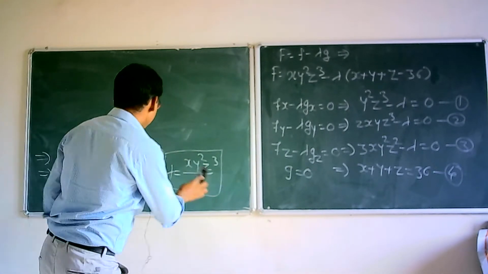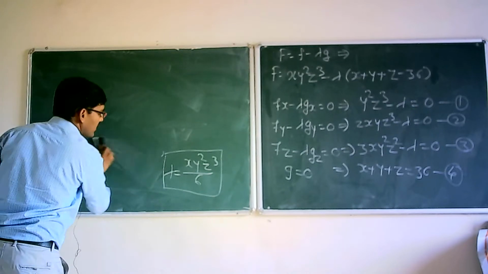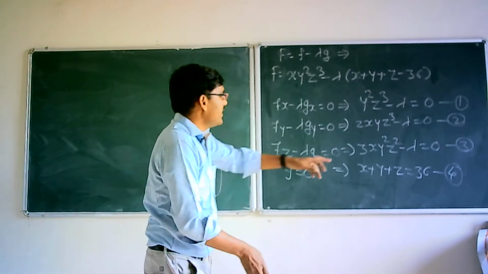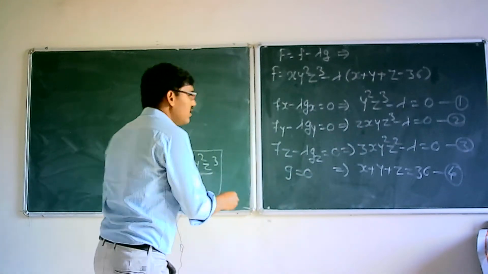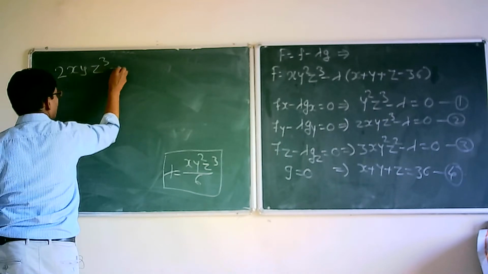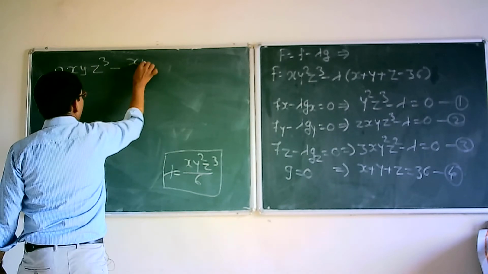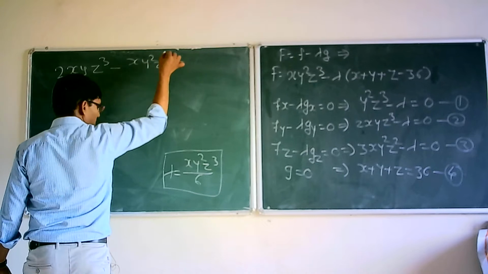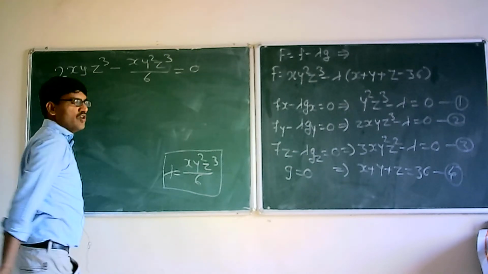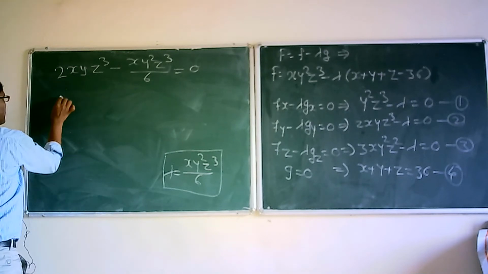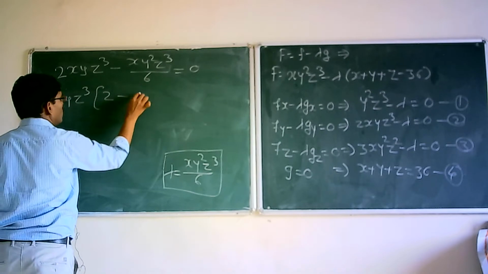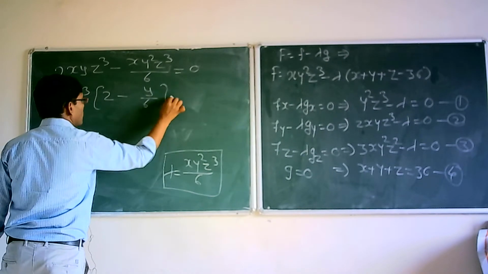Similarly, if you put the value of lambda in the second equation, you will get twice x y z cube minus lambda, that is x y square z cube divided by 6, is equal to 0. So from this equation, if you take x y z cube outside, what is left inside the bracket? 2 minus y by 6 is equal to 0.